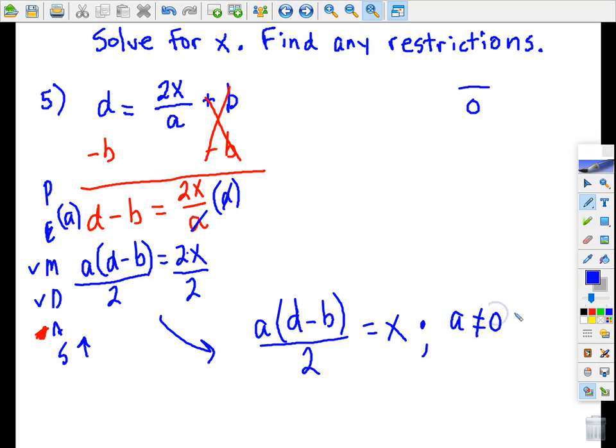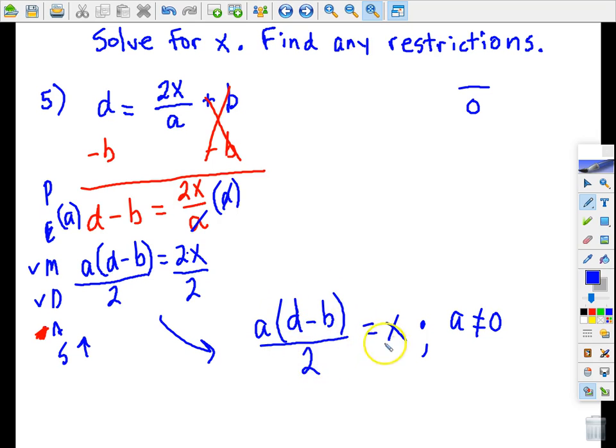So we do have at least one restriction, but you don't only have to look at the original problem, you also need to look at your final solve for variable, whatever that variable is, in this case x. You need to look at your answer. And the only division I see here is dividing by 2, and we're not ever going to have to worry about dividing by 0 here, because 2 can never change.